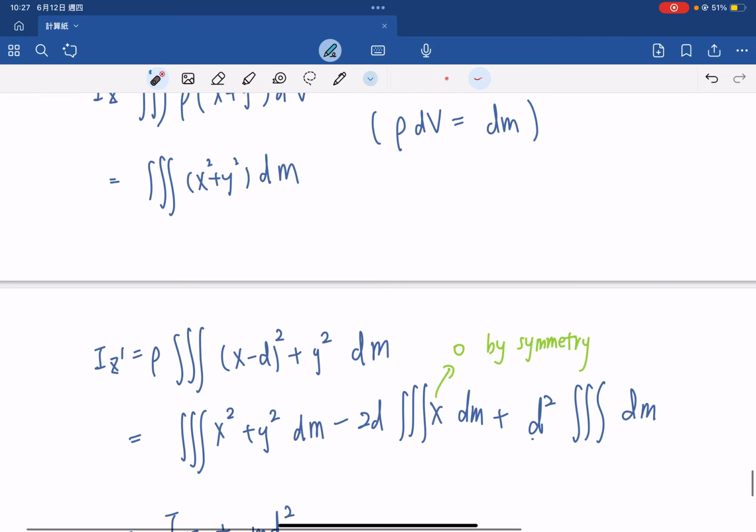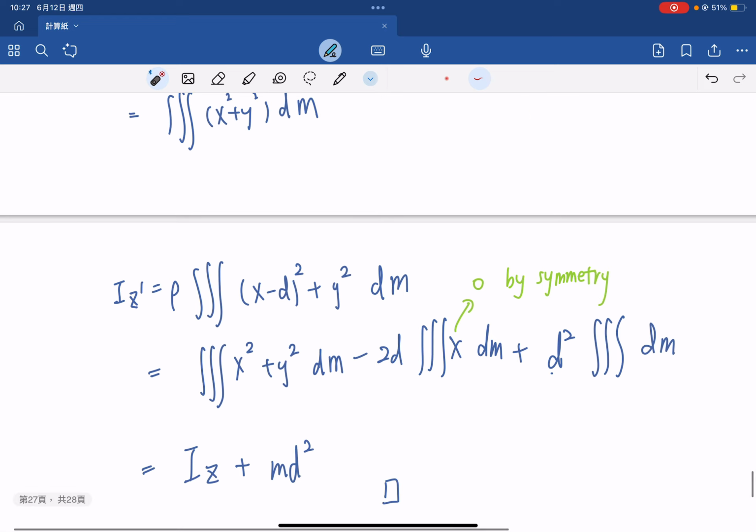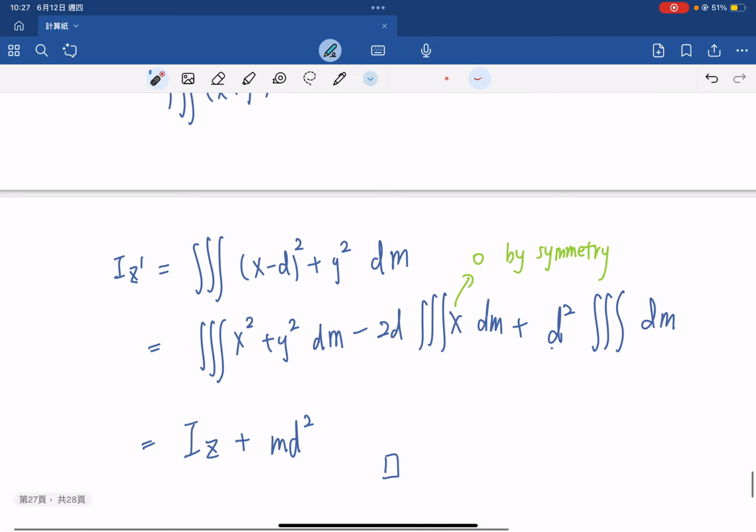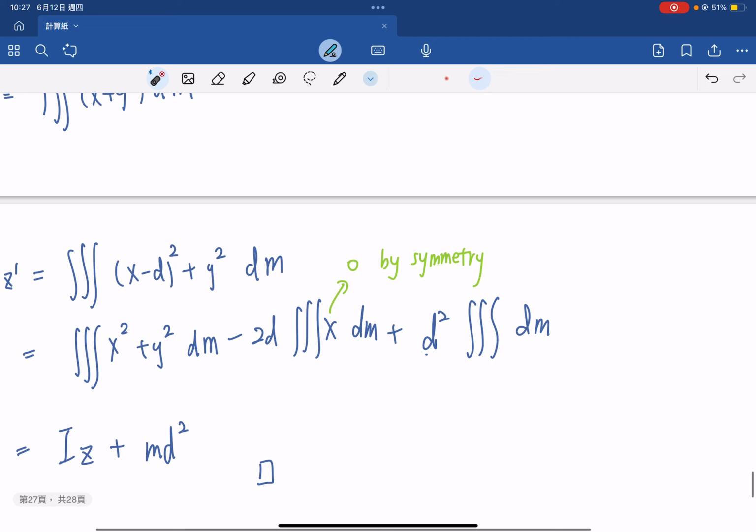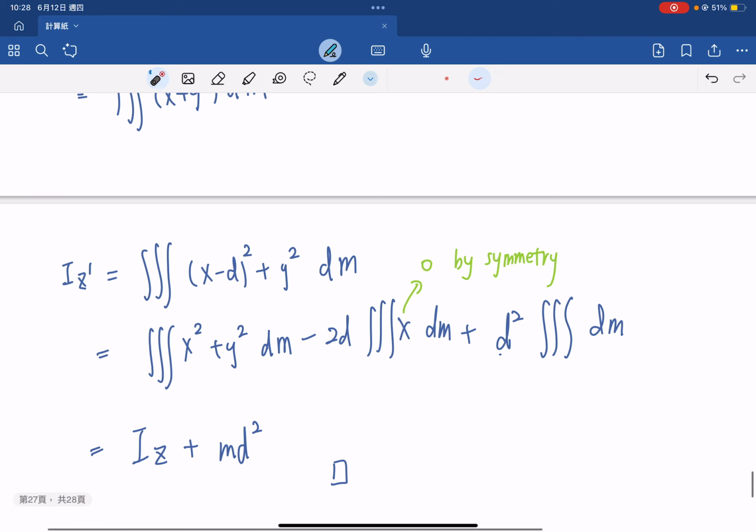And then the moment of inertia about z prime is equal to the integral of x squared plus y squared dm, minus 2d times the triple integral of x dm, plus d squared times the triple integral of dm.